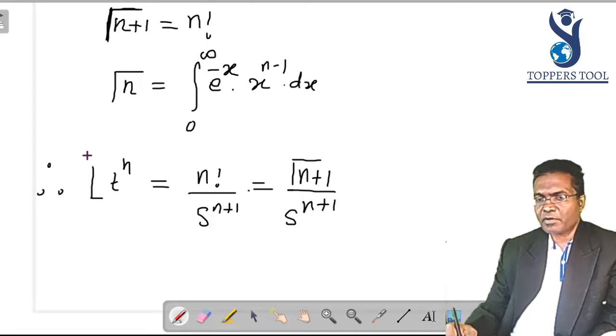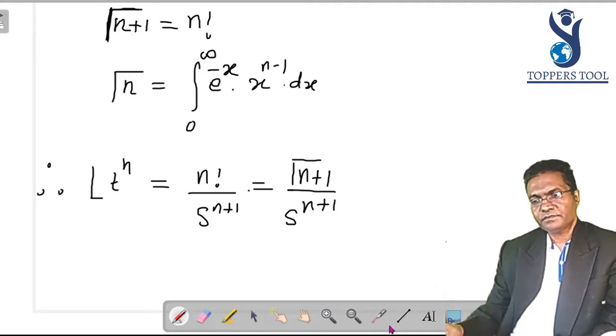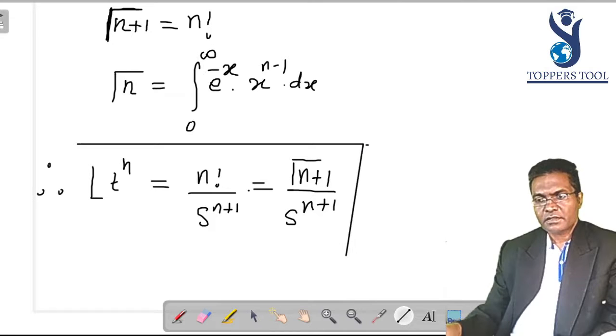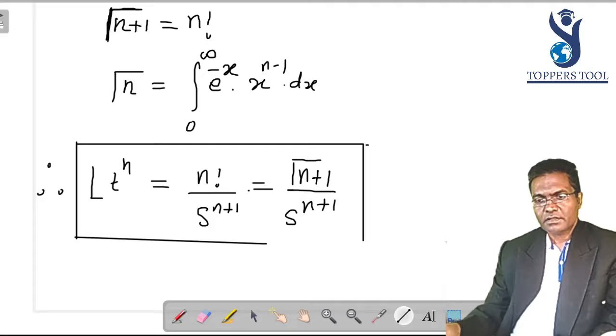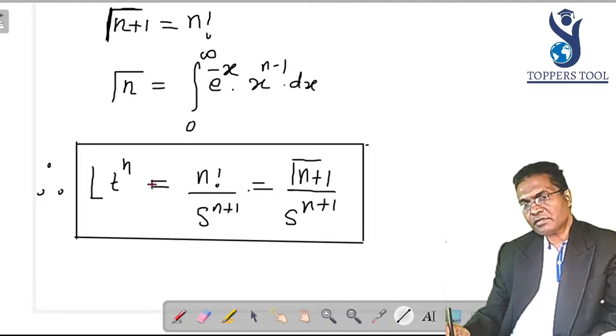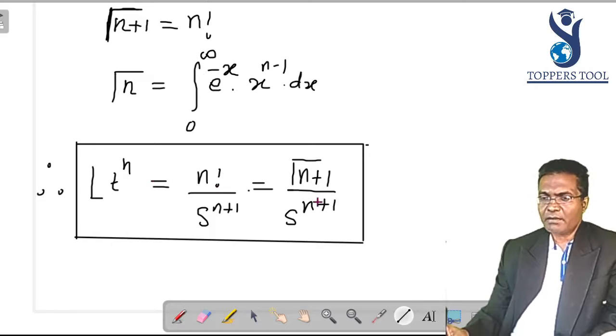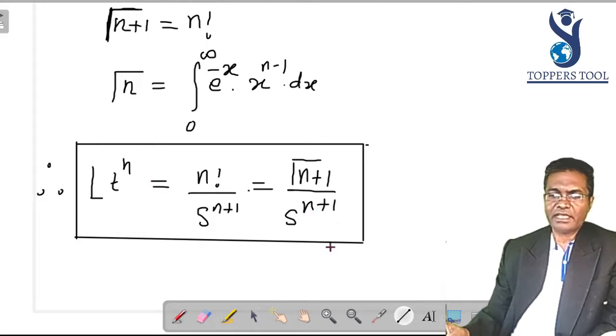There are many properties for the gamma function, so remember this: the Laplace transform of t power n is n factorial by s power n plus 1 or gamma n plus 1 by s power n plus 1.